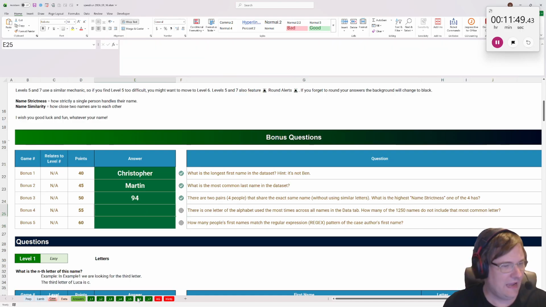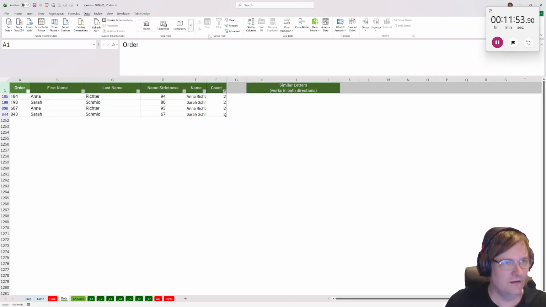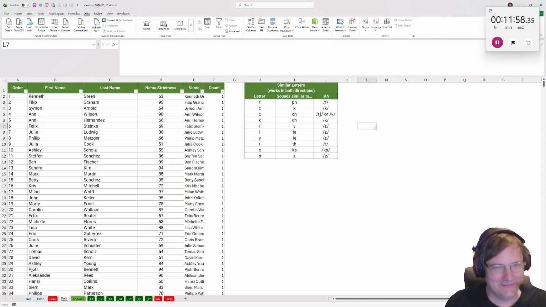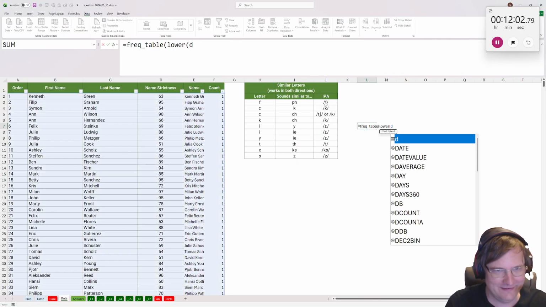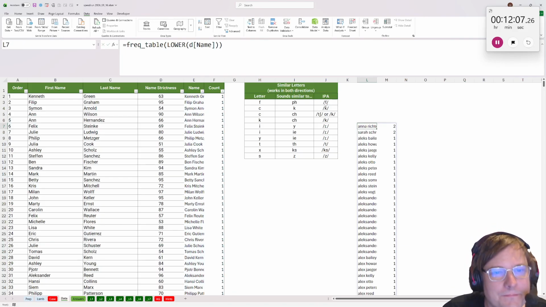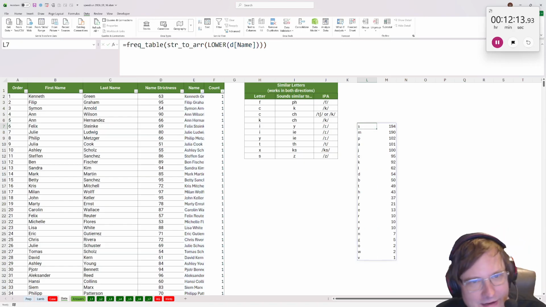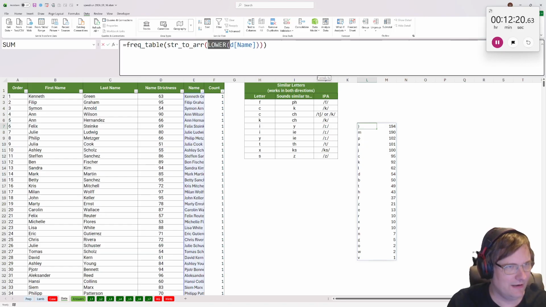What letter of the alphabet is used the most often? This I got wrong because of case sensitivity. So frequency table of the lowercase of the name. Other way around.